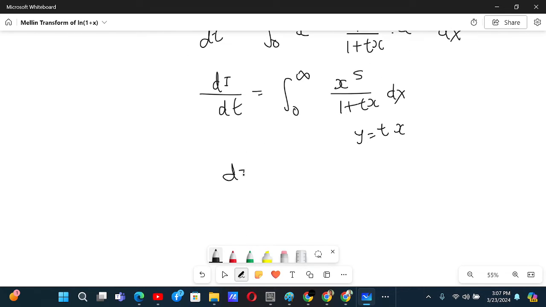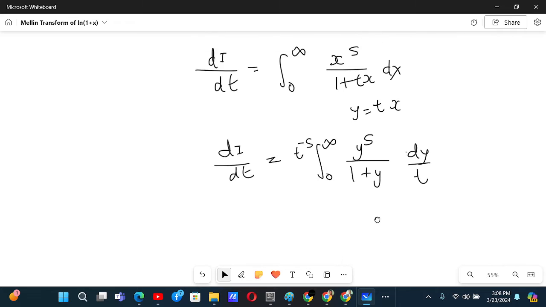So dI by dt is the integral from 0 to infinity, with x equals y by t, so t to the power minus s, and y to the power s by 1 plus y dy, since dx equals dy by t.